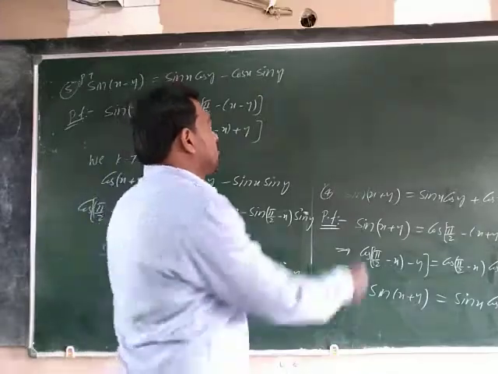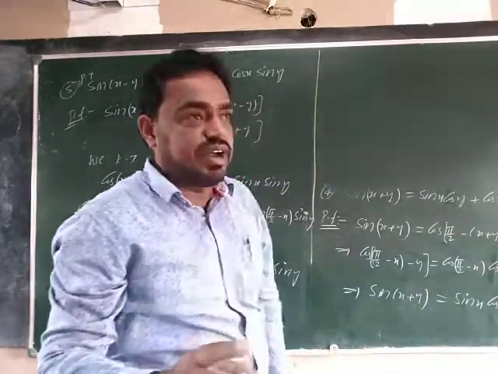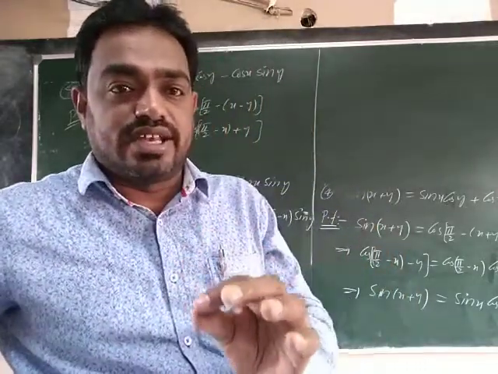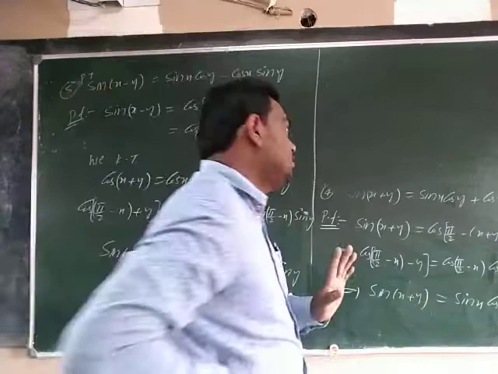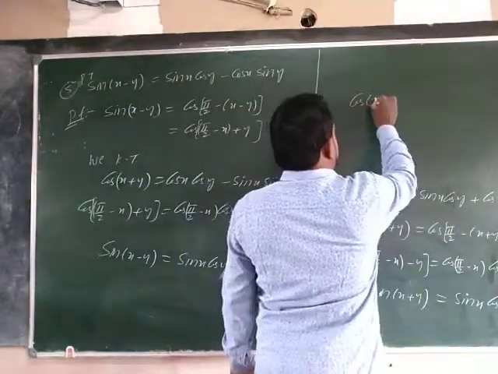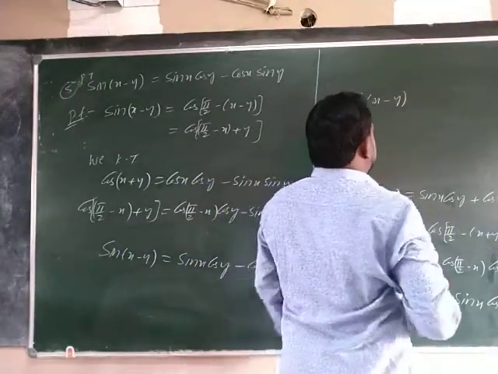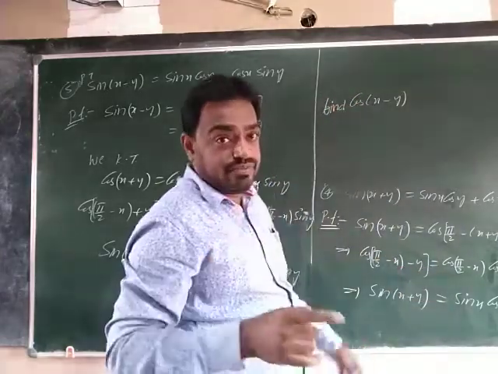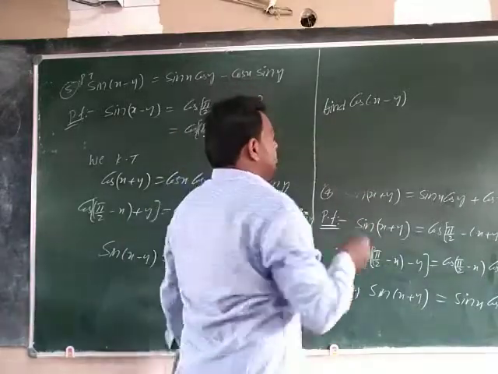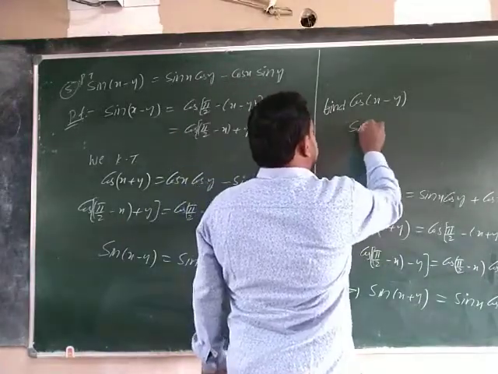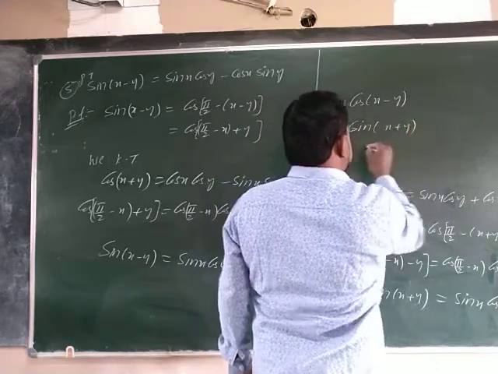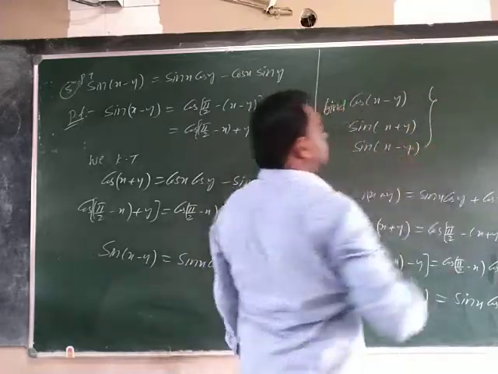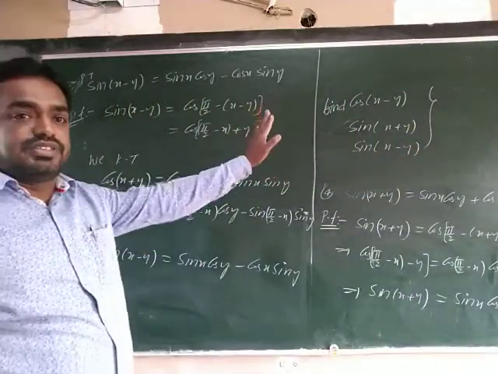So remember, for getting 6 marks you have to practice the theorem cos of (x plus y) equal to cos x cos y minus sin x sin y, and you have to practice this one, cos of (x minus y). Already we solved the first one, and sin of (x plus y), sin of (x minus y). These three you practice well.